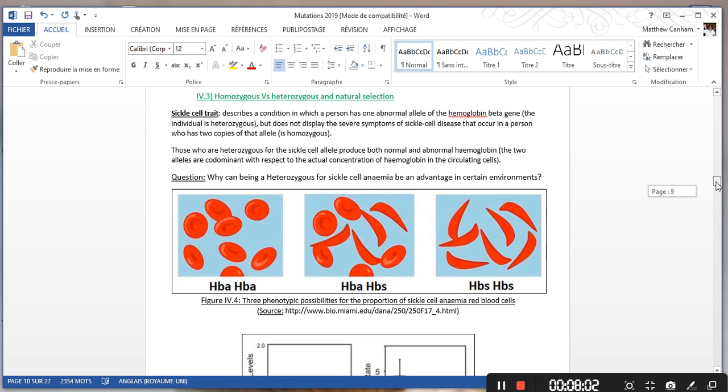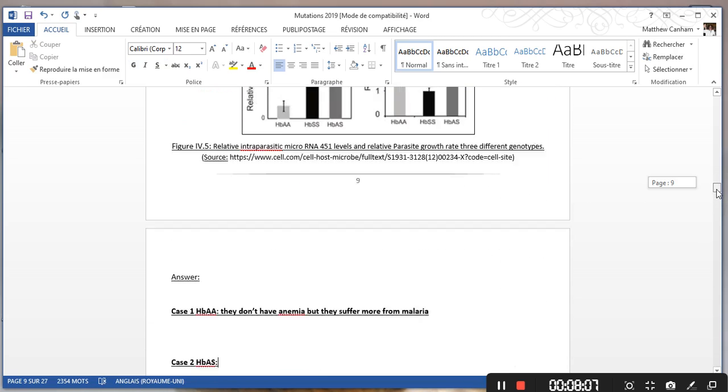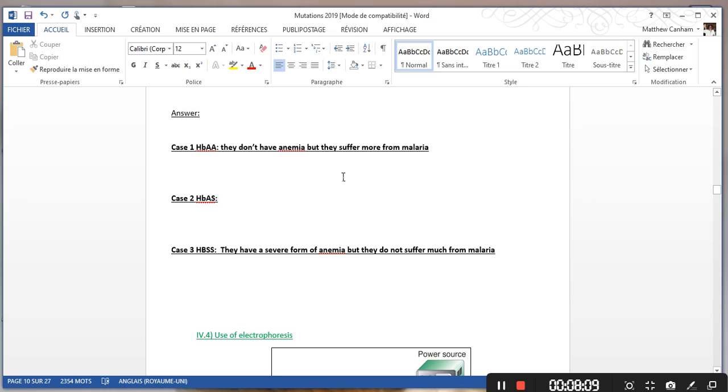So it turns out that the heterozygotes, HBA, HBS, which can also be called people with the sickle cell trait, when they have one allele of each, they have some sickle-shaped red blood cells.